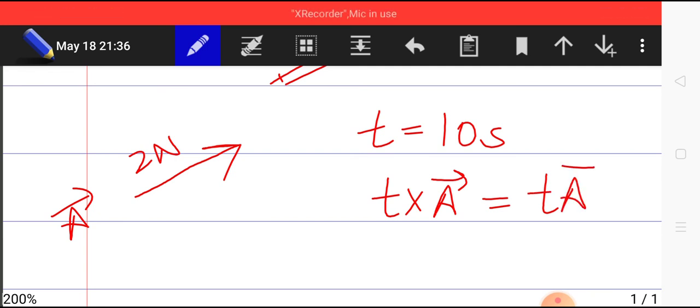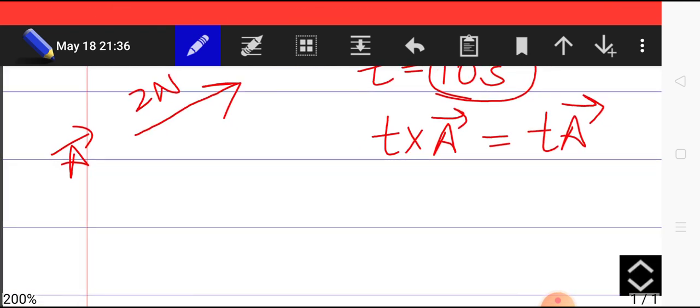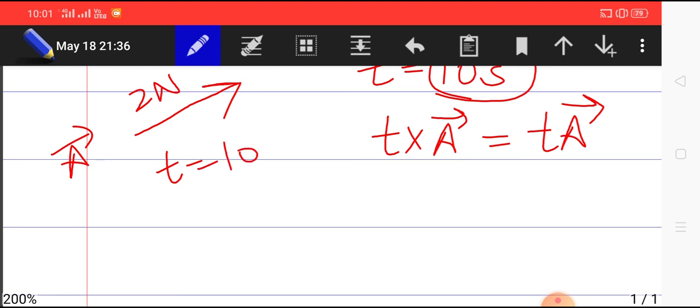The multiplication is still a vector quantity, but its magnitude is increased by the value of the scalar, and also the unit of this product has been changed. After multiplying it with t equal to 10 seconds, it will become 20 Newton second.